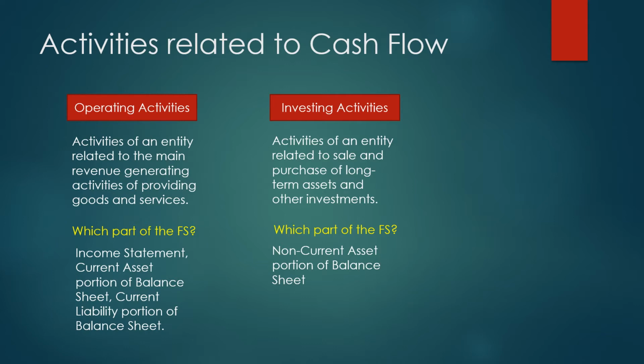So, isa na yan sa mga technique mo on identifying whether it is an operating or investing activity. Kasi si operating, those are seen on the current asset portion of your balance sheet. Whereas si investing naman, makikita mo naman siya sa non-current asset portion of your balance sheet. So, that is one identifier din para hindi ka malito.